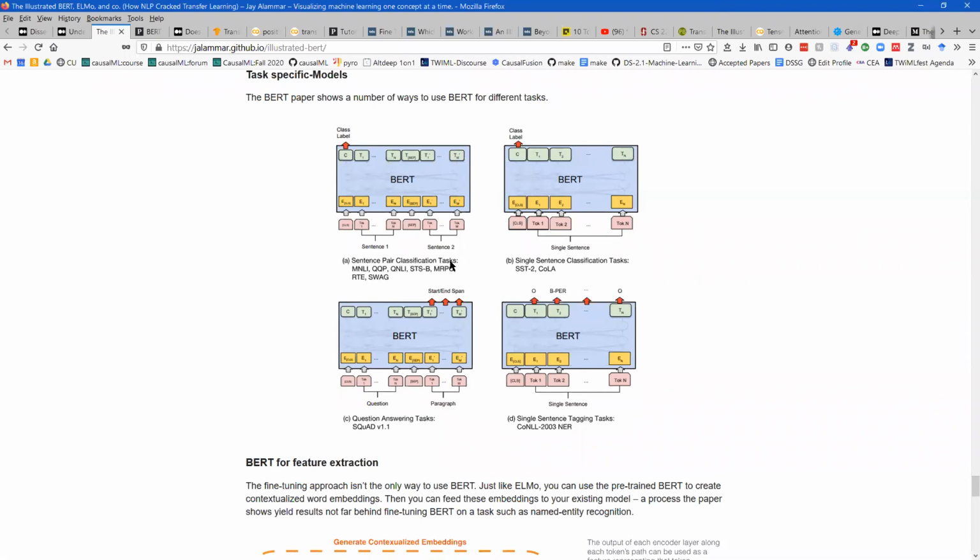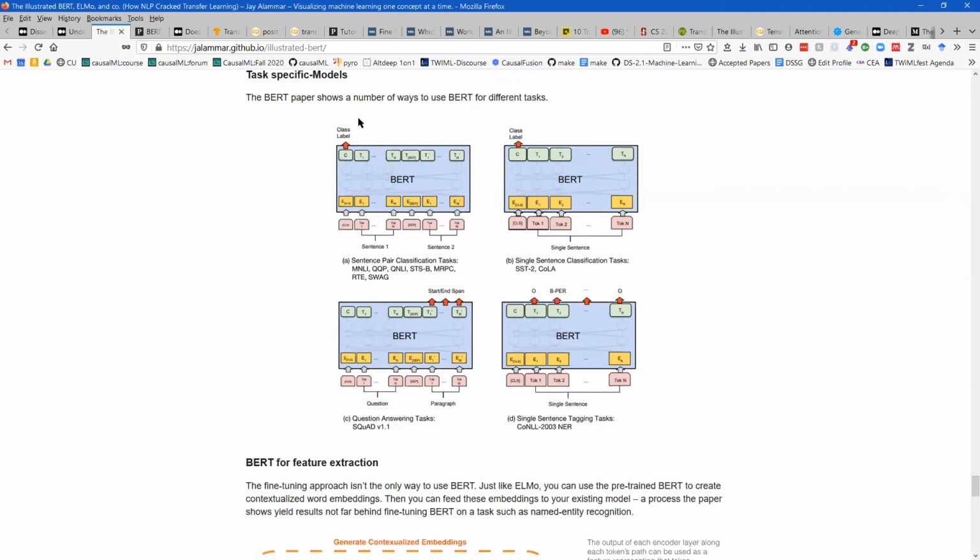All of these are sentence pair classification tasks. Then SST-2 and CoLA are single sentence classification tasks. And question answering tasks, we already know about SQuAD. And single sentence tagging tasks, on these data sets. This is like named entity recognition, where you're trying to put a tag on each word as to what kind of word it is. Is it a proper name, or is it a number or something like that?